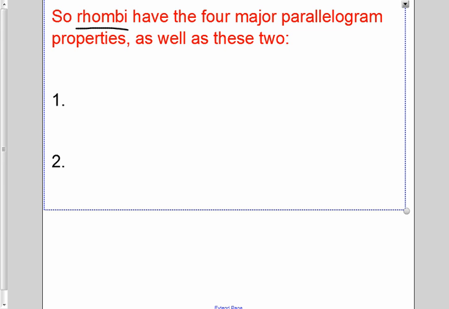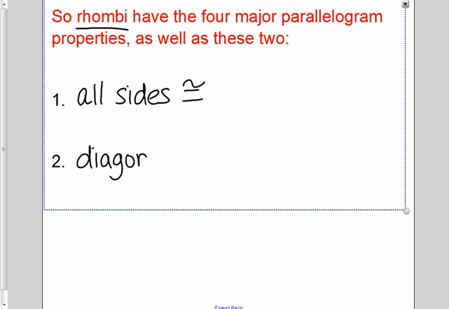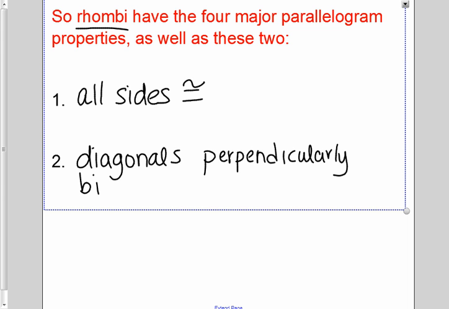So in addition to all that a parallelogram has, it also has all sides congruent, and the diagonals are even more important here because they perpendicularly bisect each other.